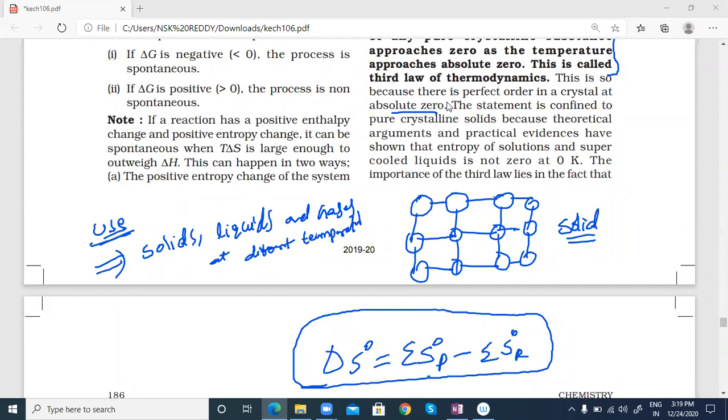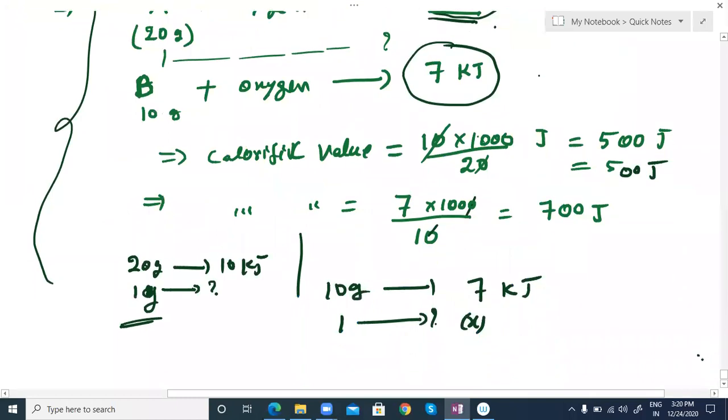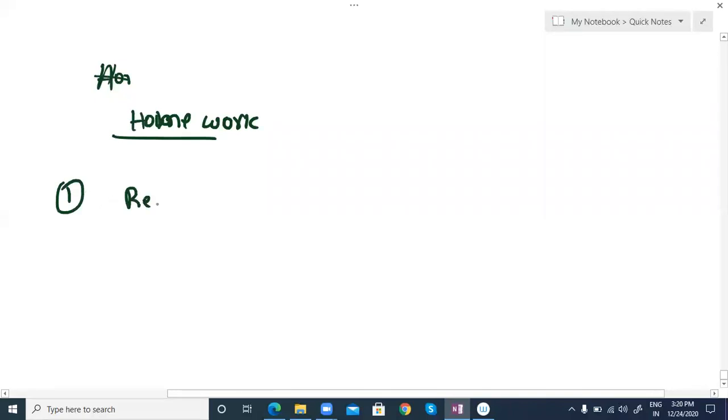Now your homework is very clear. What's the homework? First, reading of NCERT books.